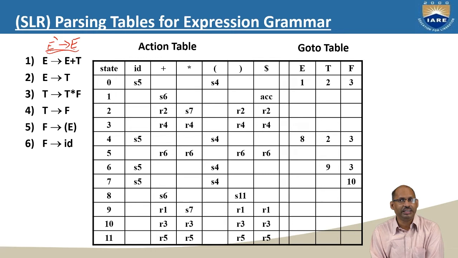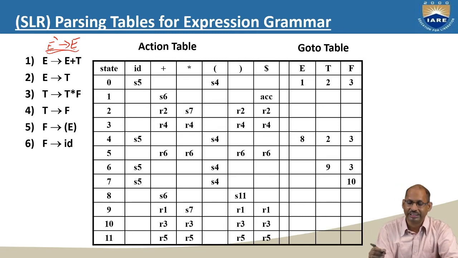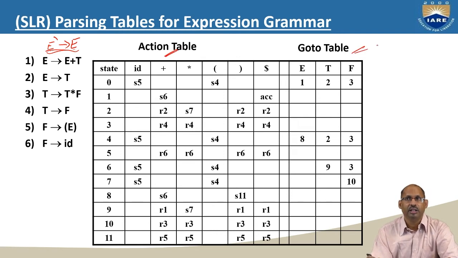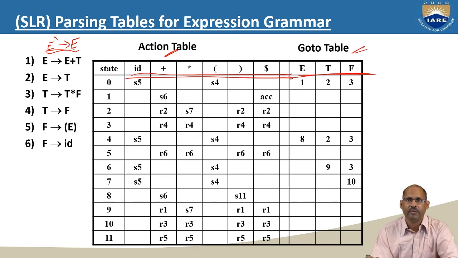And now we are considering the SLR parsing table, the first method of LR parsers, and we will discuss how to perform the SLR parsing. The SLR parsing table consists of the action part and the goto part. Goto always represents non-terminals as column headers, and action represents terminals as the column headers.